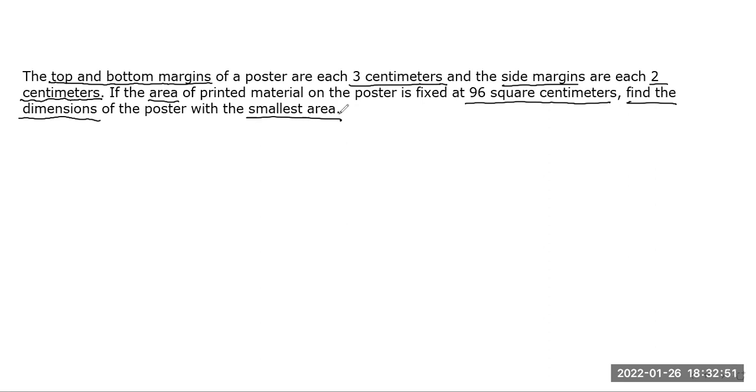The stuff that's printed on the inside of the poster, well, that's a fixed area. That's 96. But the margins themselves, they're also fixed, right? Yet, what do we have to sort of vary here?